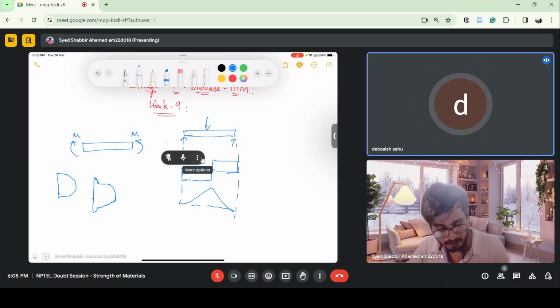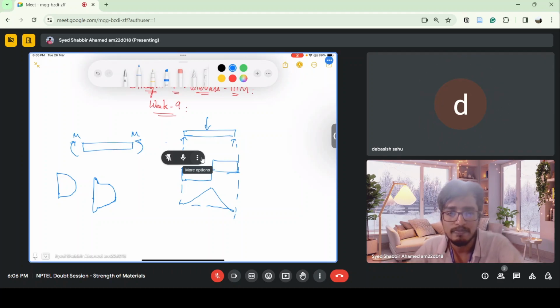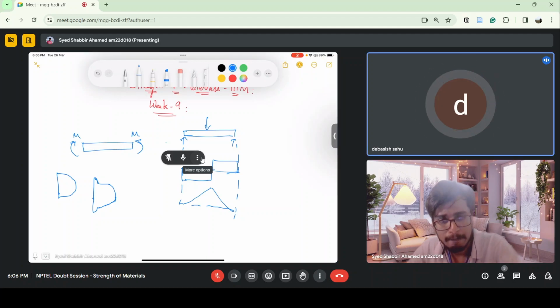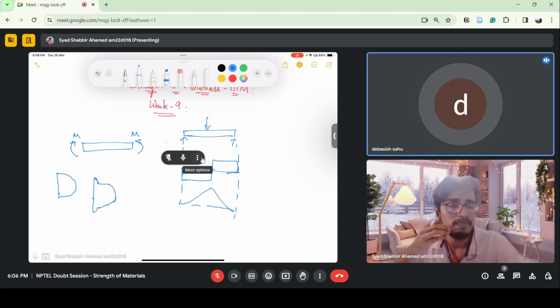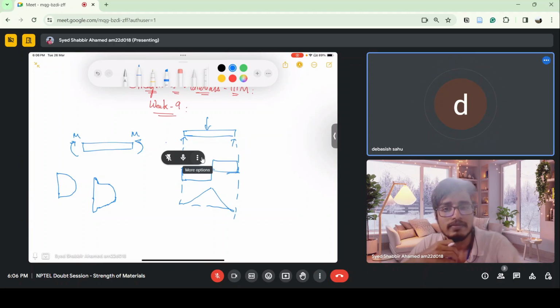Sir, before we start the numerical problems, I have a little doubt on the theory. Okay, ask. Sir, the professor already showed that when two or three beams are joined together and a load is applied, relative motion happens near the two surfaces. So they showed that to restrict the motion, there is a force acting in the direction to stop the movement.